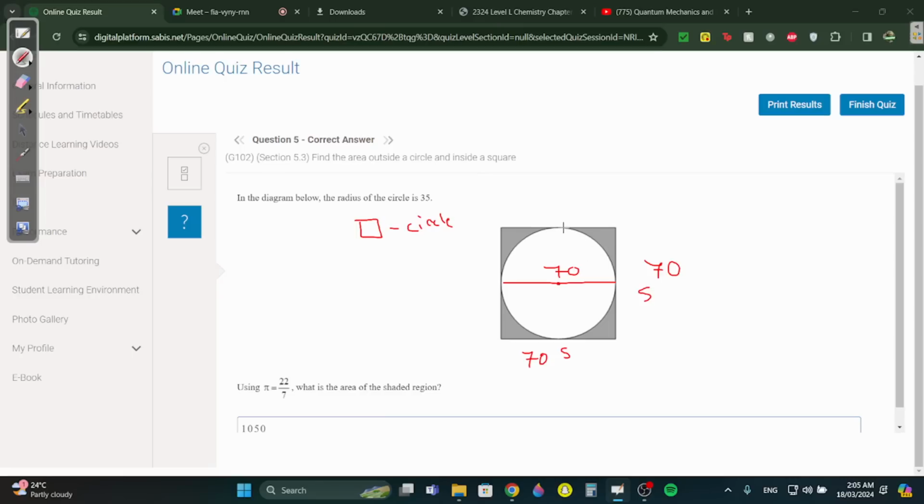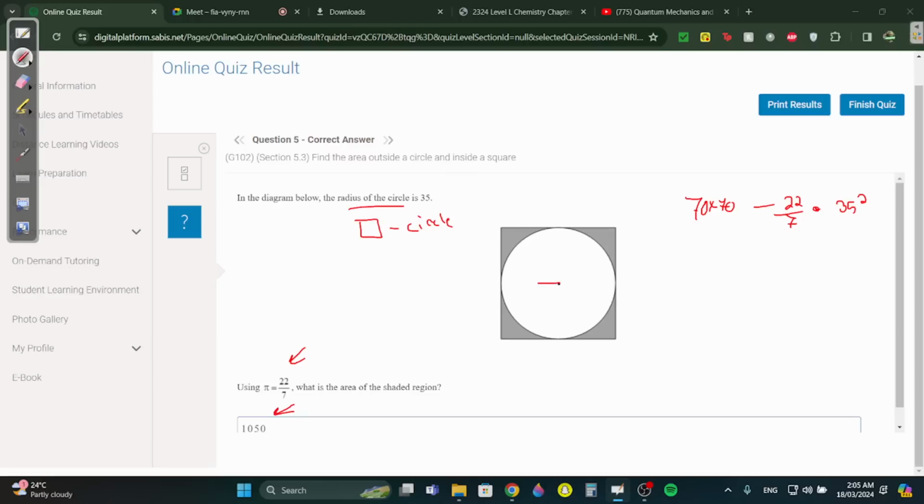So the area of the square is going to be 70 times 70 minus the area of the circle. What's the area of the circle? It's pi r squared. They're saying use pi as 22 over 7, times the radius 35 squared, and you get 1050.